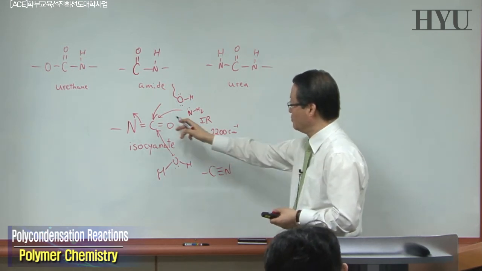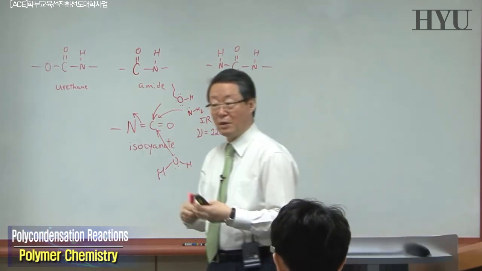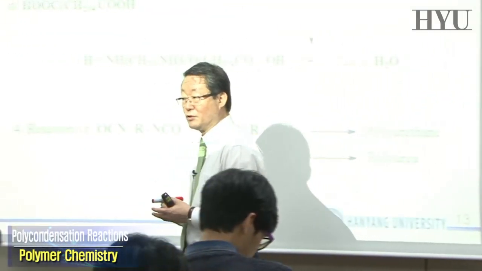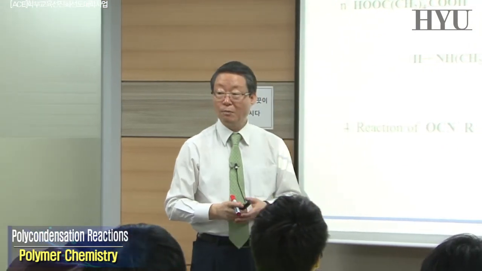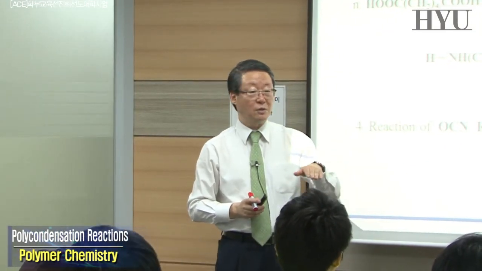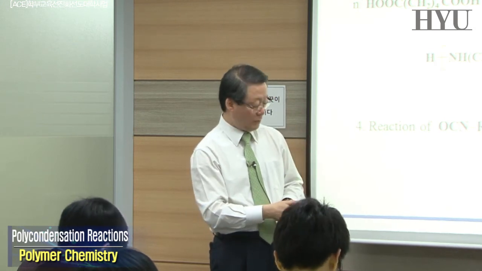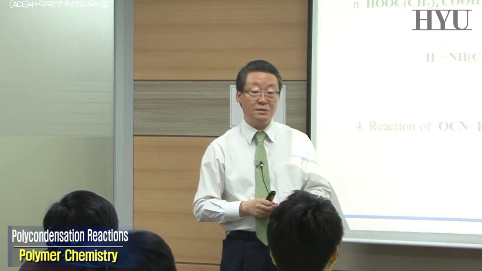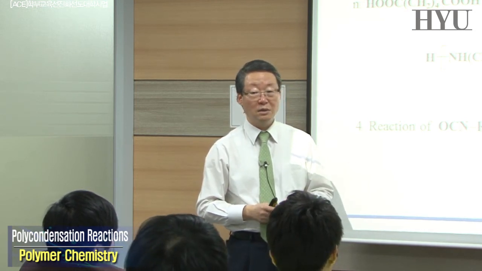Anyway, this is a strong peak. So if you have isocyanate, you can find that peak at 2,200. After forming a polymer, the intensity will decrease much more. So after the polymerization reaction, you should not find this N=C=O peak in the IR.